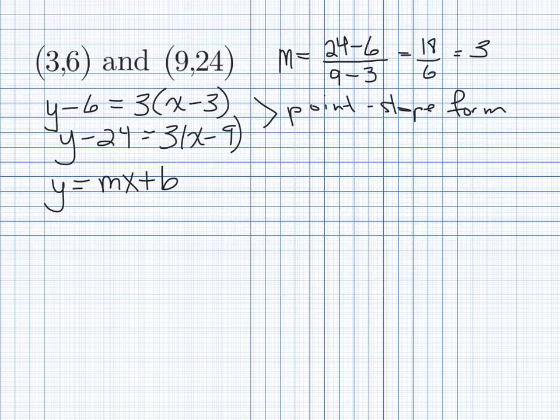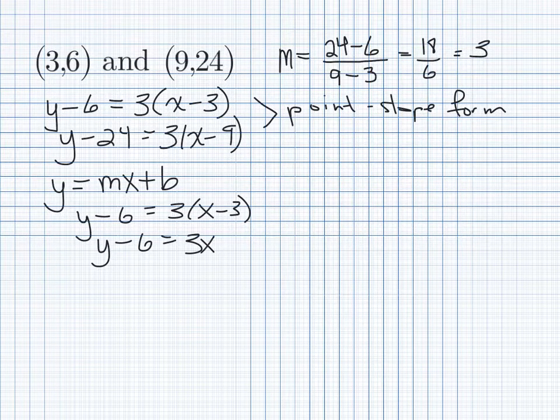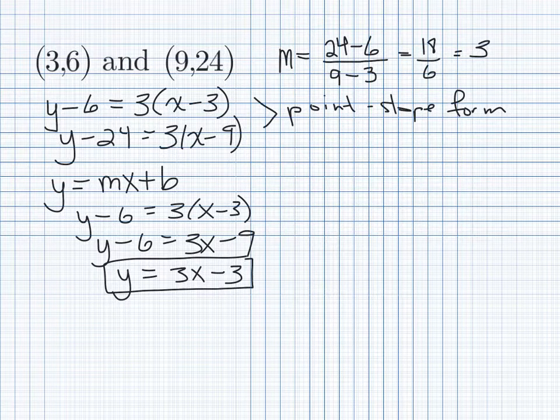So I'm going to start with my y minus 6 equals 3 times the quantity x minus 3, and rearrange it into the proper format. So I need to distribute my 3. So I now have y minus 6 equals 3x subtract 9, and now I add 6 to both sides. y equals 3x subtract 3. So this would be my slope-intercept form.